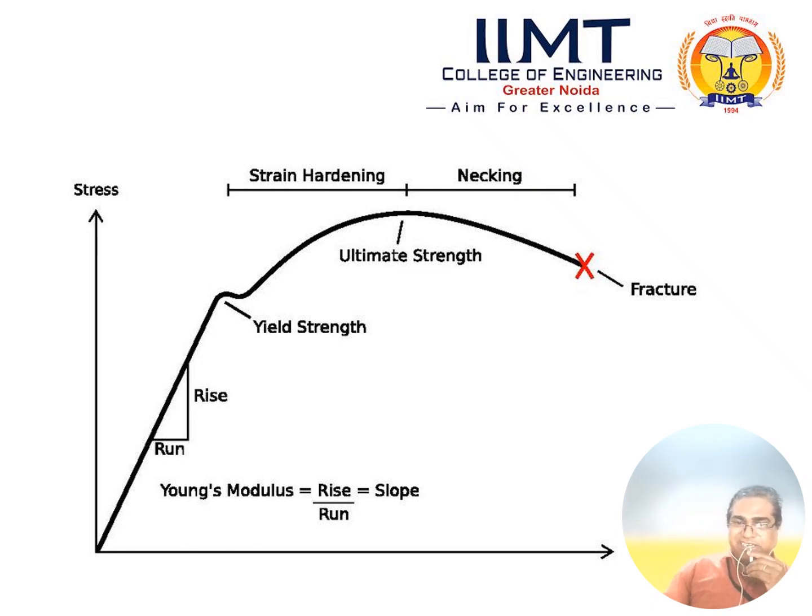After the yield point, the curve deviates and ultimately the material fails because it cannot support the further load. So from this stress-strain diagram, we can get the properties of the material and the maximum value of stress that can be sustained by the material.